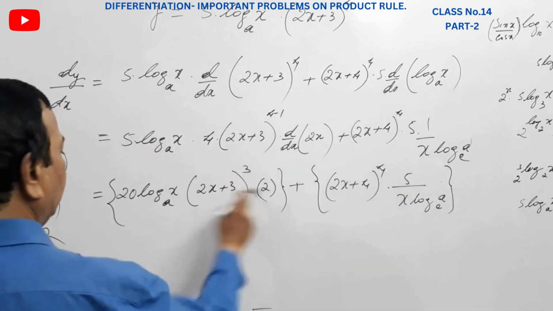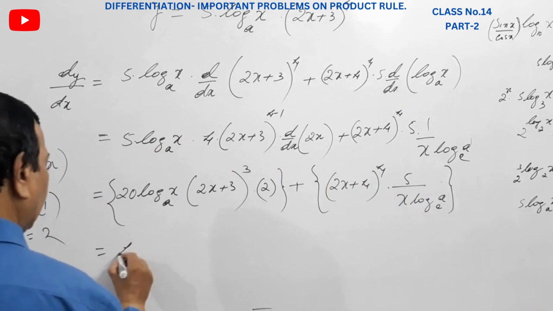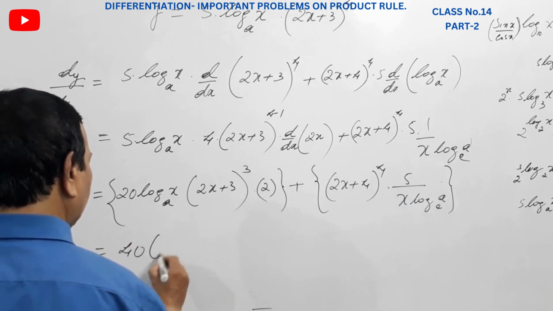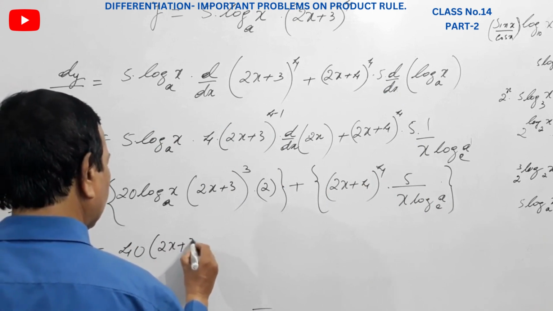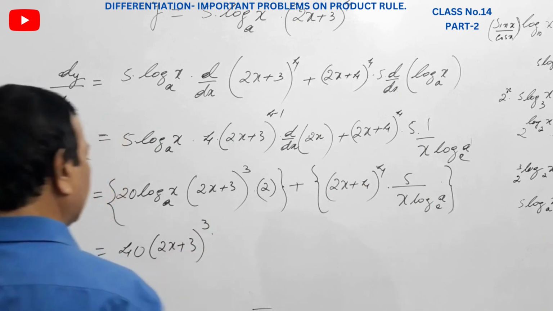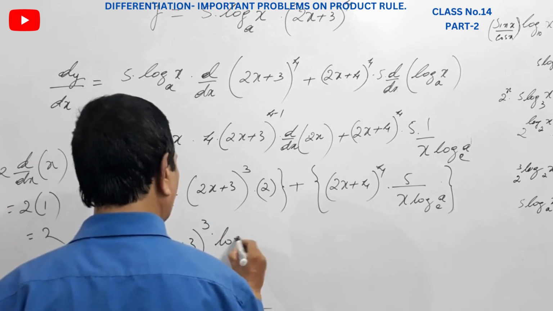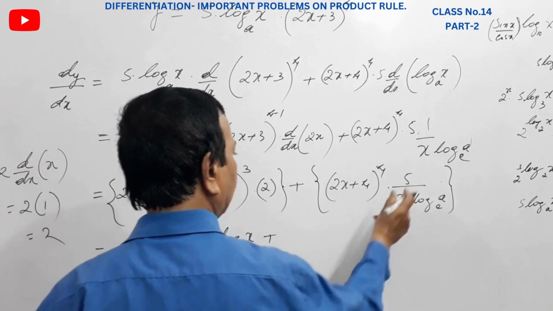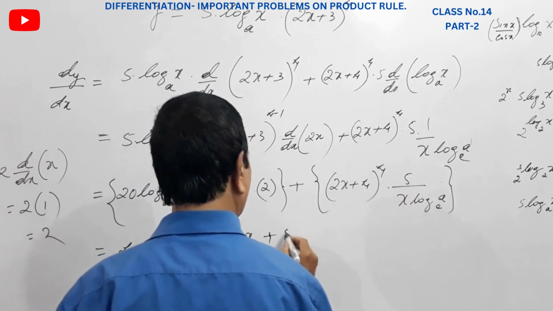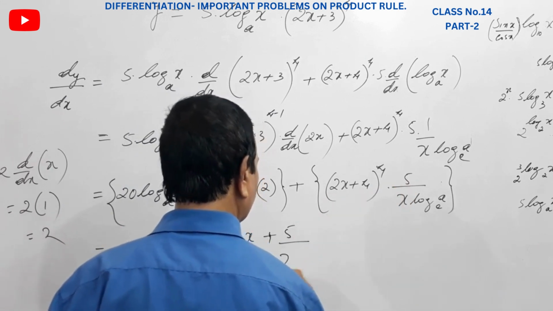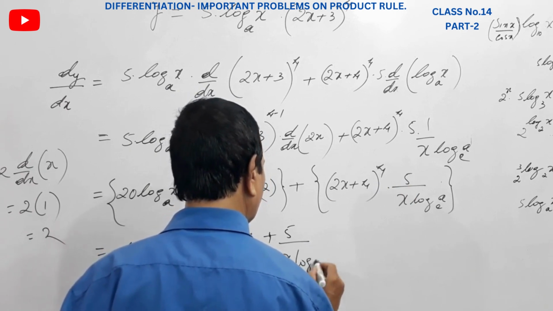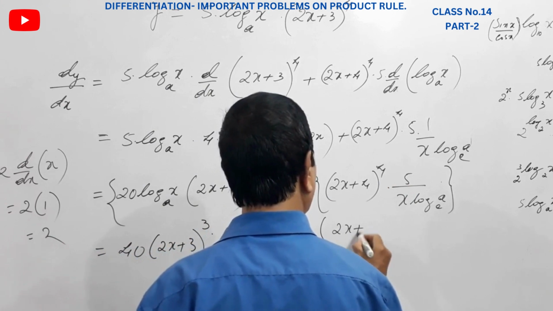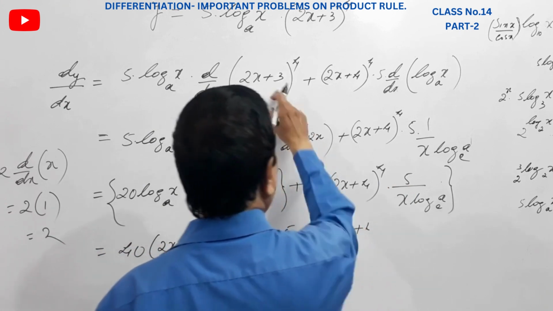So again 2 into 20 is 40. I'll write this: 40 into (2x plus 3) the whole cube log x to base a, plus I take this 5 outside, 5 to the power of x, log a to base c into (2x plus 3).